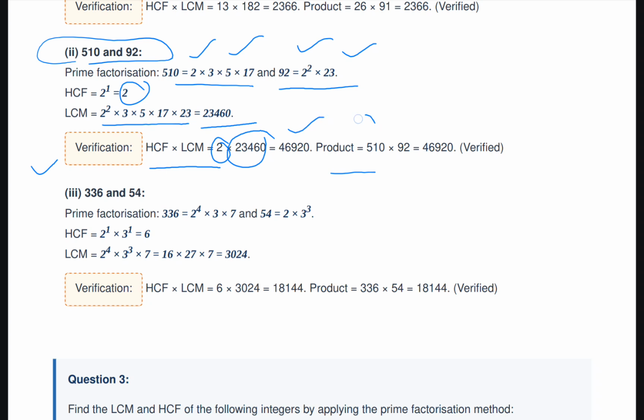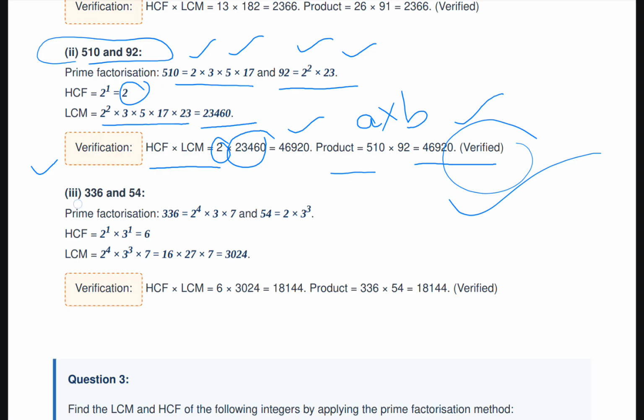And now the product, which is A into B, where A is 510 and B is 92. By multiplying these two numbers, you get 46,920, which is equal to the product of SCF and LCM. So our condition is verified. Okay, so in this way you can verify the question.